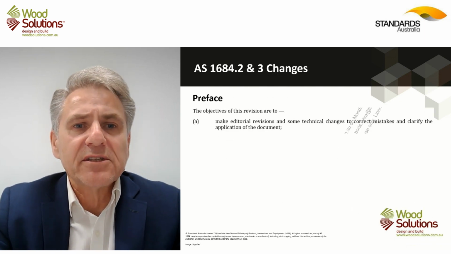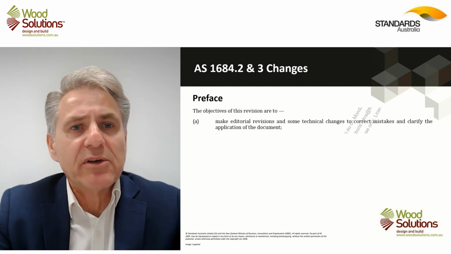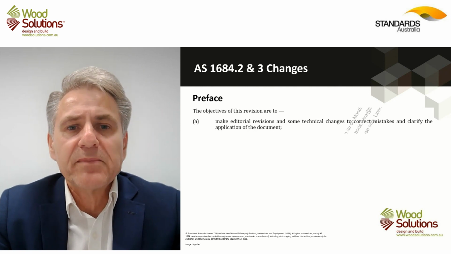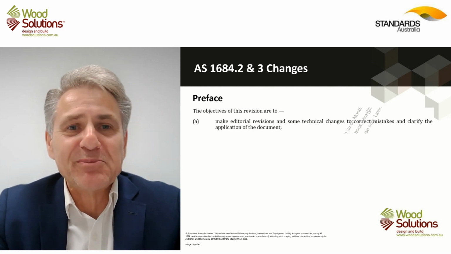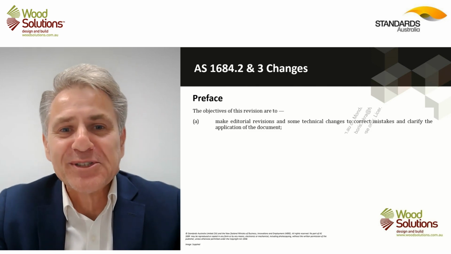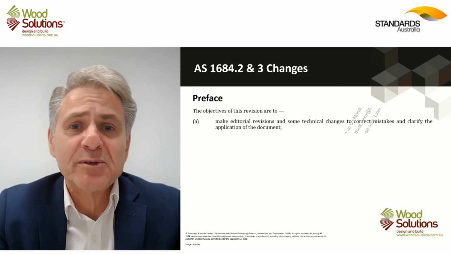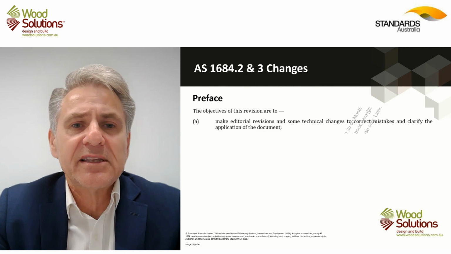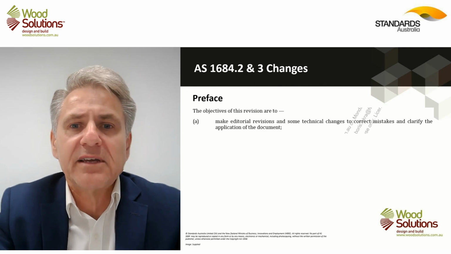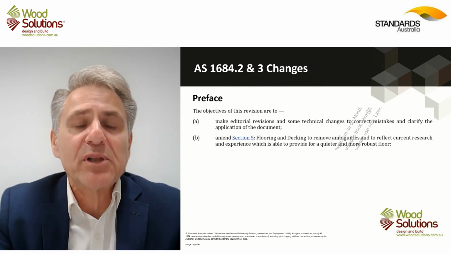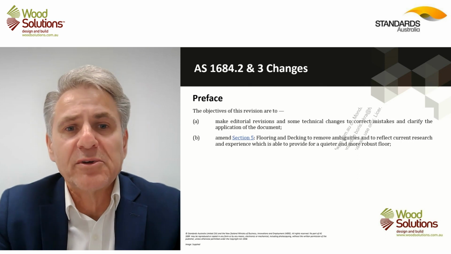In terms of the changes to both 1684 parts 2 and 3, as usual, there are some editorial revisions and some technical changes. Sometimes we pick up some errors that need to be corrected, and we clarify the application or interpretation of the document.